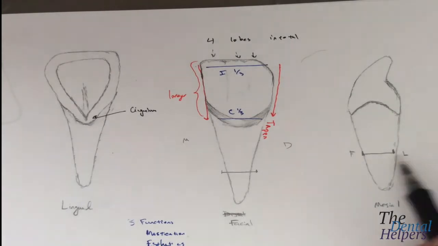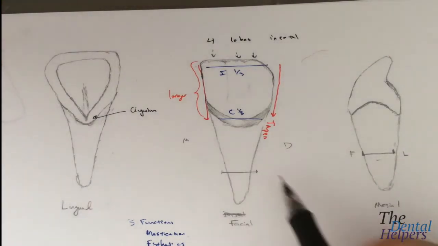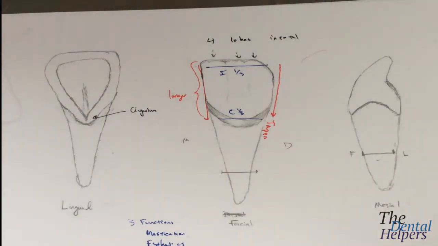On the mesial or distal view, the facial-lingual thickness of the root is going to be greater than the mesial-distal width seen from the facial or lingual view. Basically, if I'm looking straight at the tooth from your mouth, you're going to see that the root is smallest. If I compare that to looking at the side of the tooth, it's going to have the thickest, or widest, root.